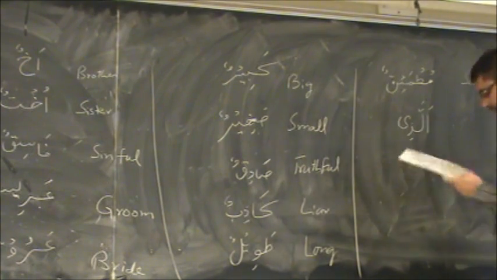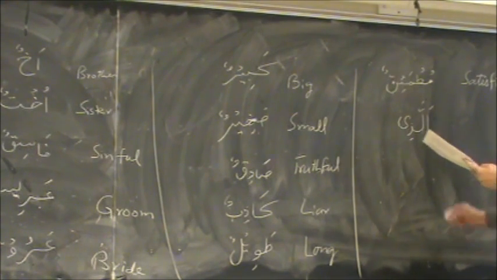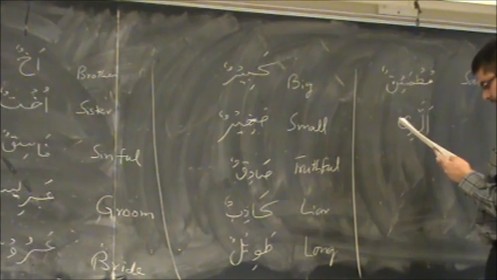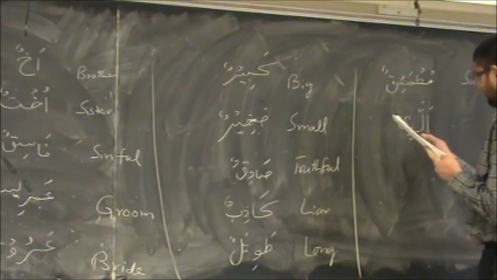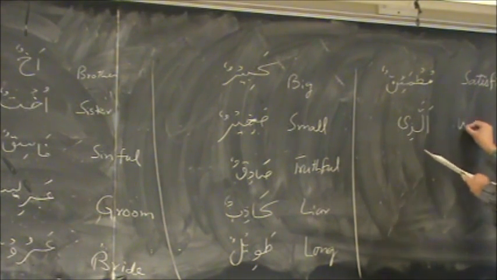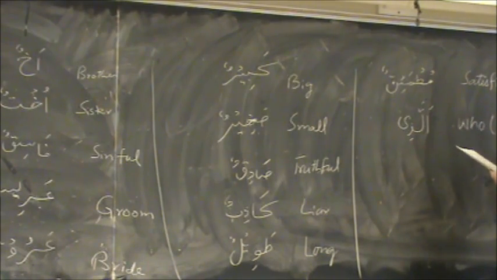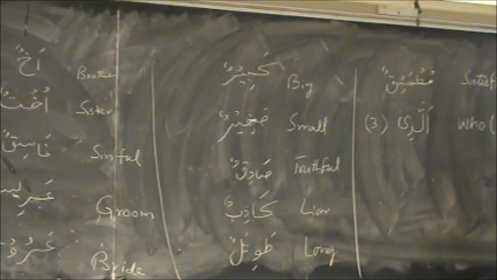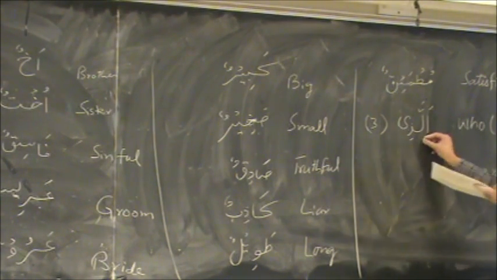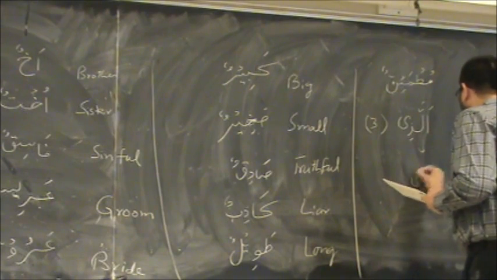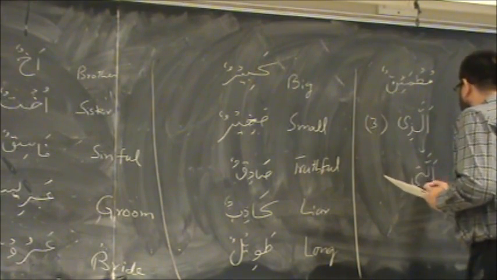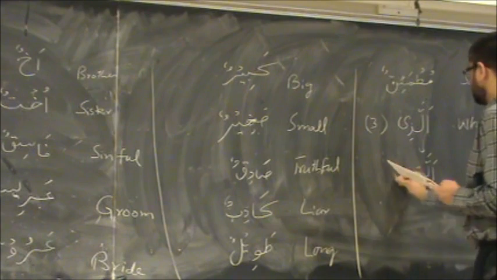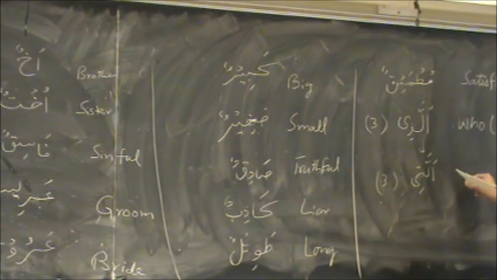Alladhi. Alladhi is for masculine. Who, for a masculine. And this is from third category of nouns. So it will stay the same. Alladhi, alladhi, alladhi. And its feminine is allati. This is also from third category.